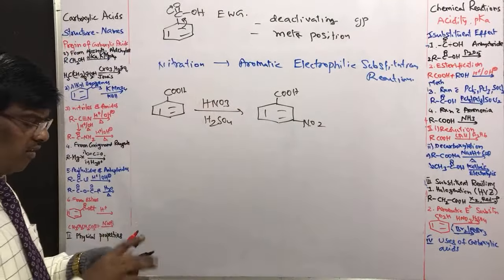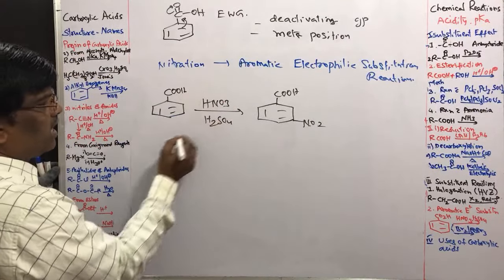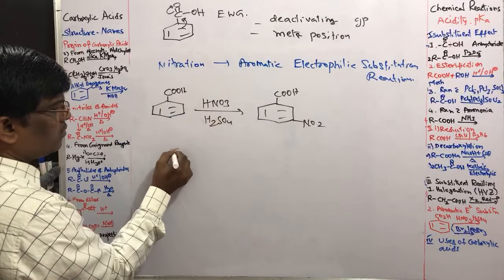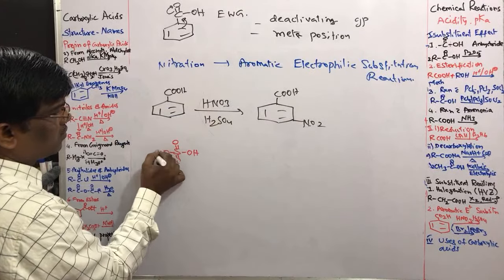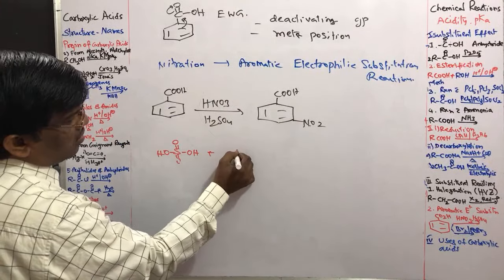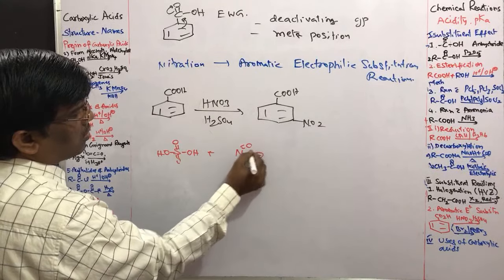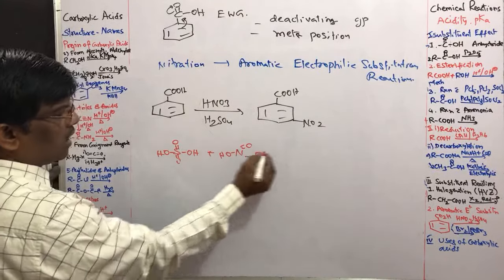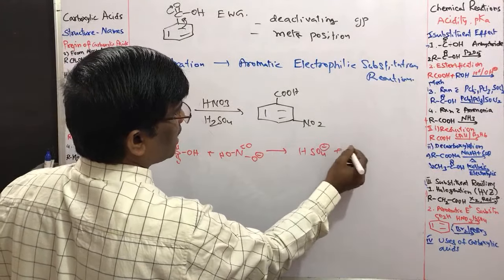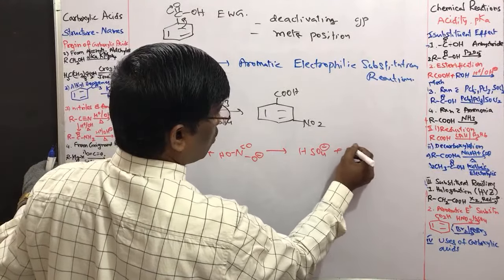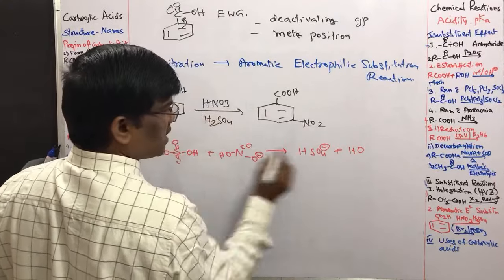What are the steps involved, as usual? HNO3 and H2SO4. Sulfuric acid plus HNO3 is going to form HSO4 minus plus the protonated nitric acid. It is going to give H plus ions.